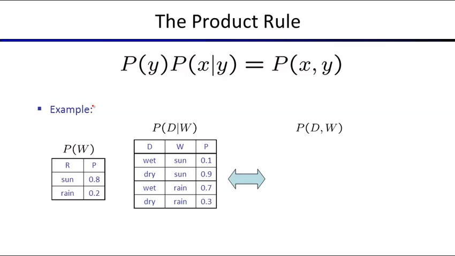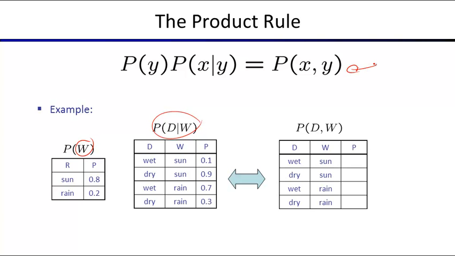We have weather and dry or wet. We have a marginal for weather, and a conditional for dry or wet given weather. To build the joint, we have to apply the product rule, which is shown over here. How does that work? Well, we have an entry for every possible combination.